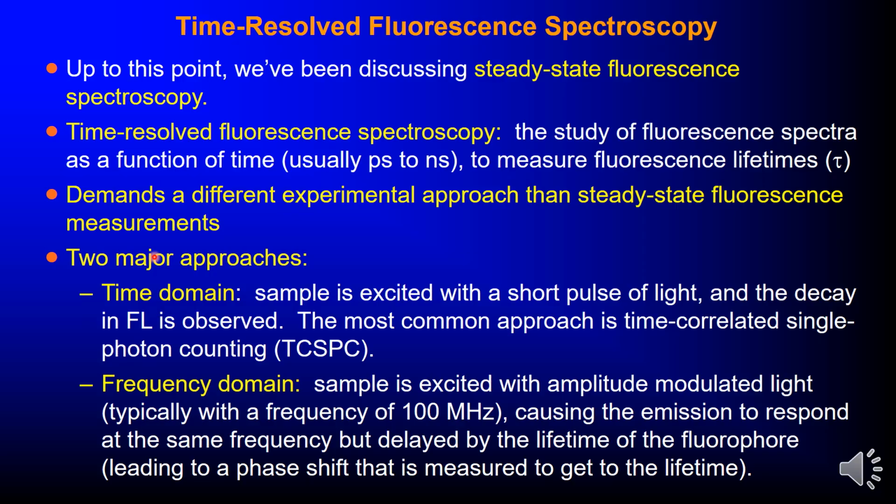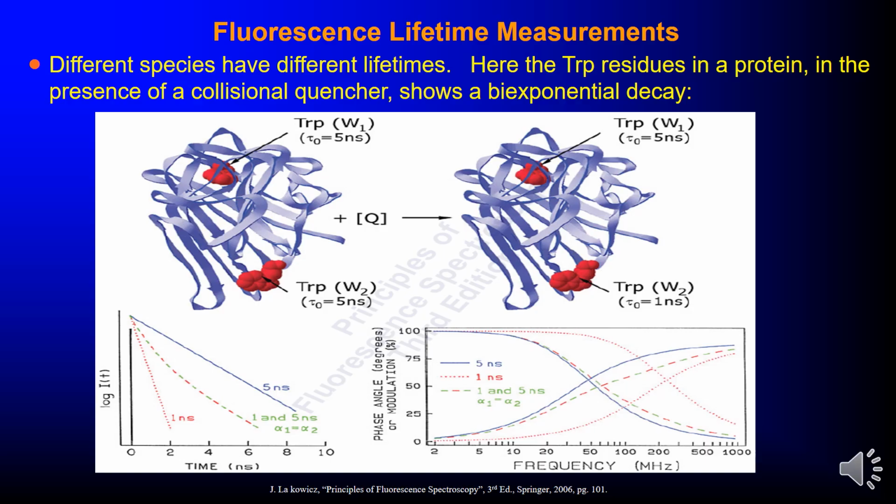Another approach is frequency domain. The sample is excited with amplitude modulated light, causing the emission to respond at the same frequency but delayed by the lifetime of the fluorophore. So you can see them. This is time domain and this is frequency domain.